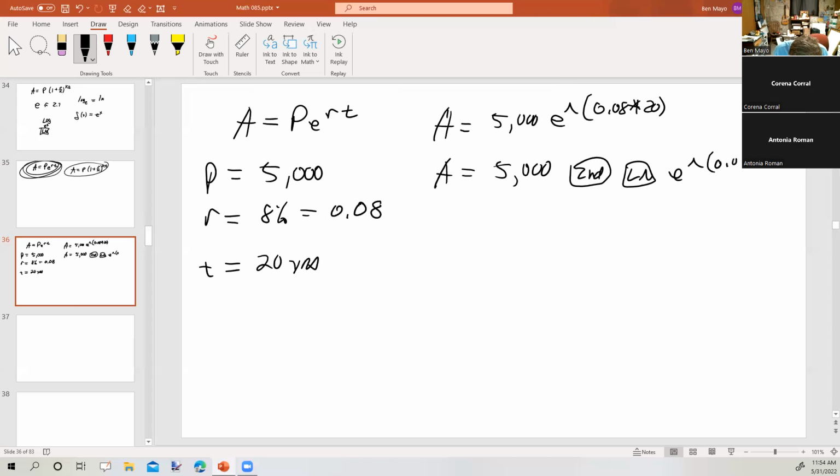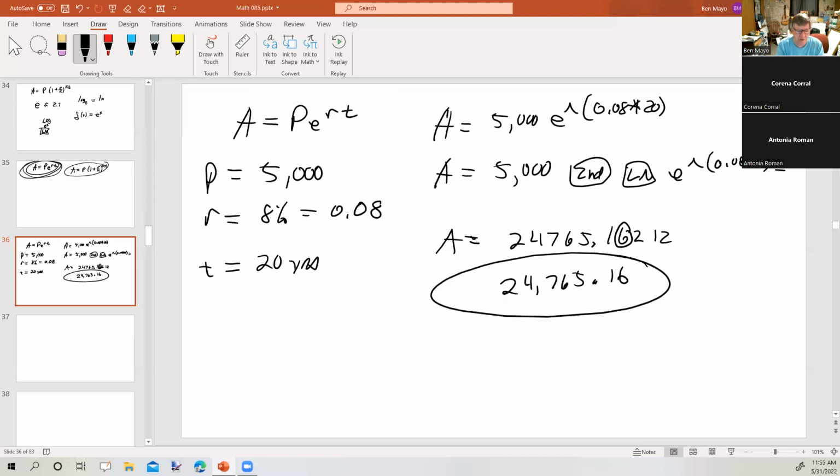So 0.08 times 20, close it up and push equals. And I get the following. Let's see, I get 24765.16212. And it said to round to the nearest hundredth, which would be there. So 24,765.16 would be the answer.